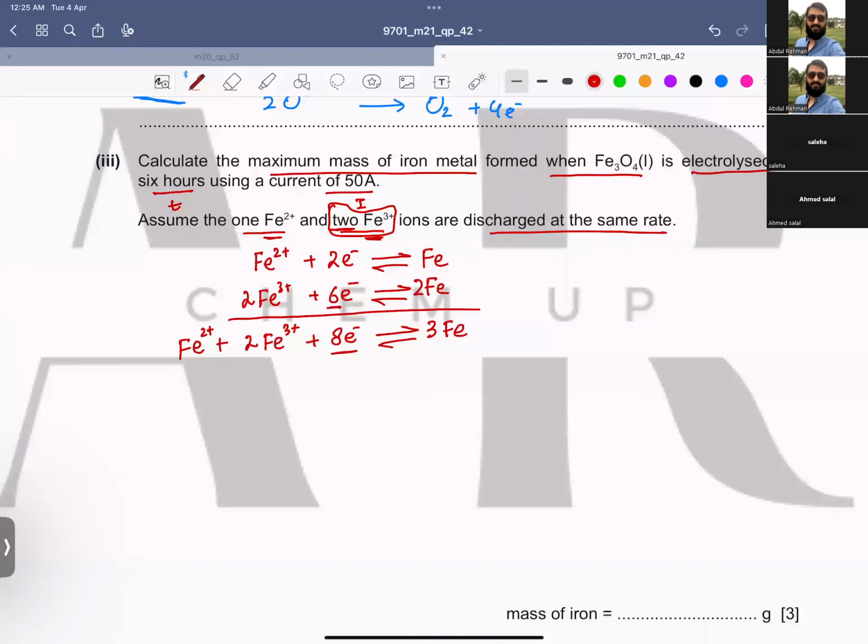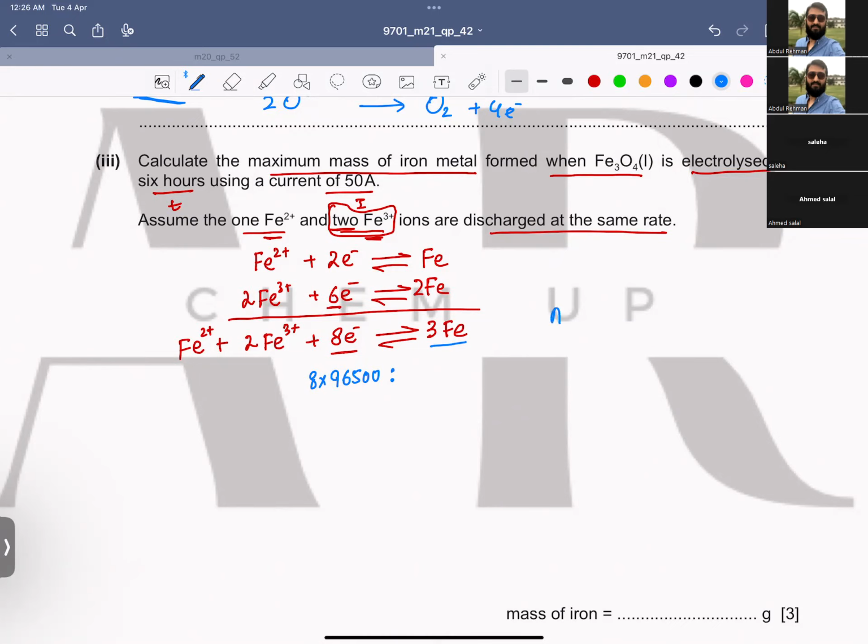From this, what I can conclude is that there are 8 moles of electrons, which means that 8 times 96500 coulombs of charge is being consumed for the formation of 3 moles of iron.